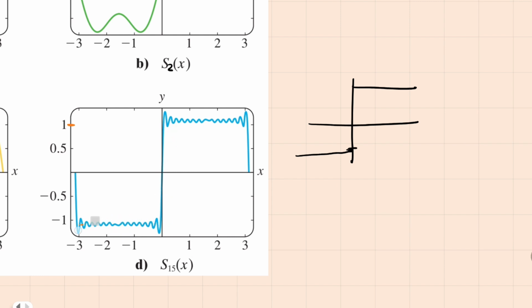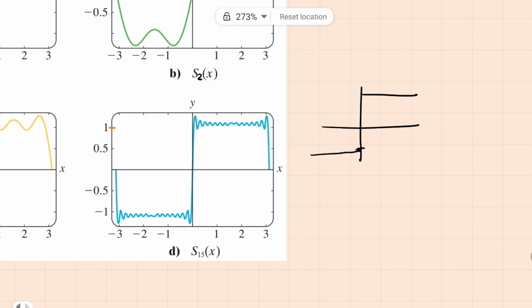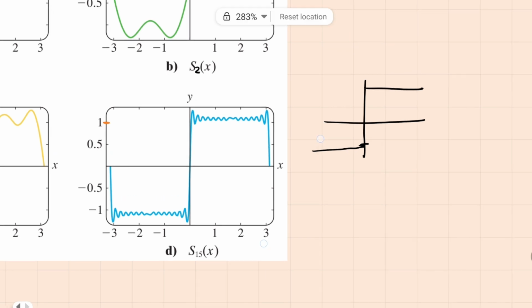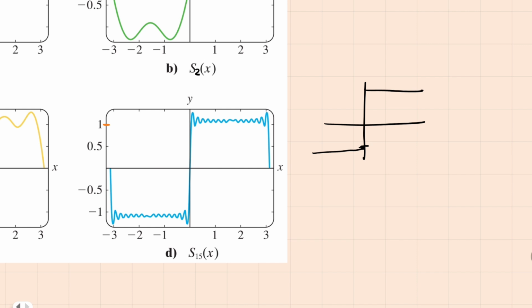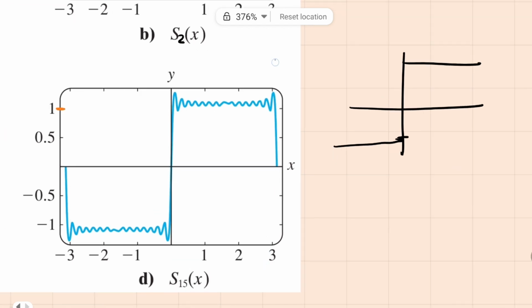Perfect. But what I wanted to mention in this video, which is the important part of the video, is that in some Fourier series, for example in this one in particular, when n tends to infinity, if we keep increasing the terms in the Fourier series expansion, we are going to see a very curious phenomenon that occurs when f has discontinuities.